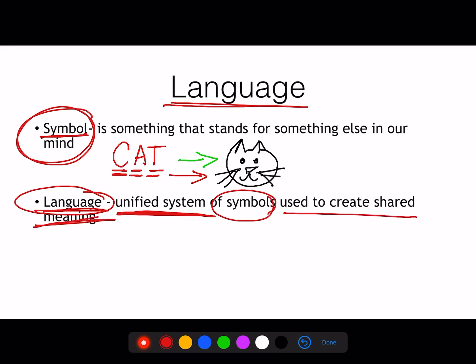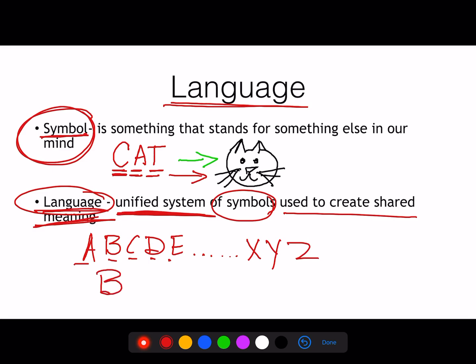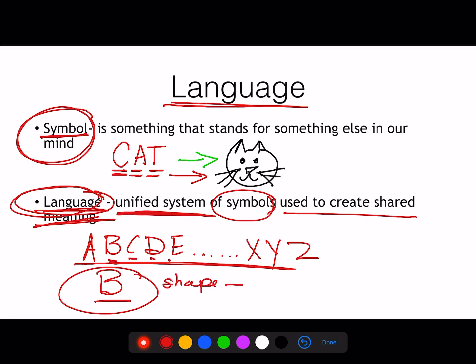So for our alphabet to work, in its structure system, we have our different letters, A, B, C, D, E, all the way to X, Y, and Z. Each of these letters have their own shape, like V, have their own sound, B, but also have their own name, which is B. All of this is made up, but for this to work, we all have to agree on the language. We all have to agree on the symbols.